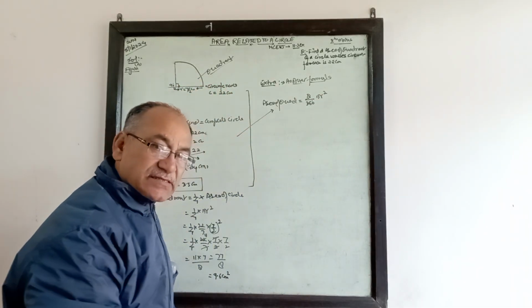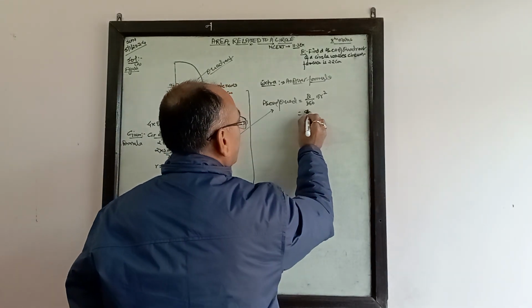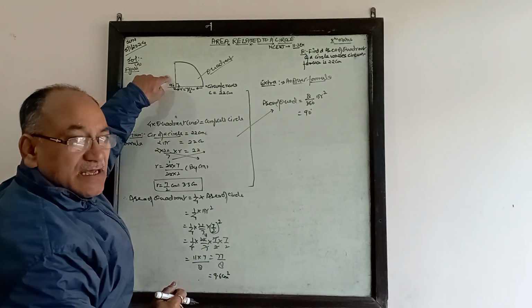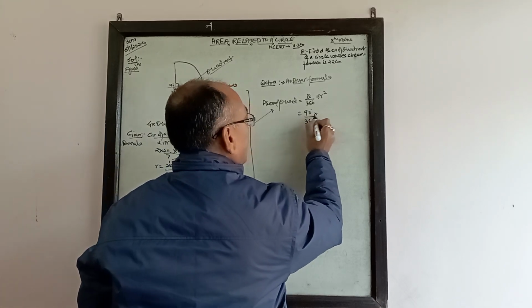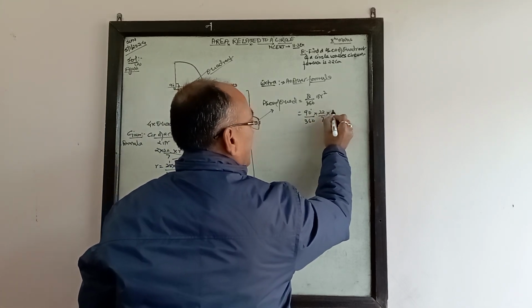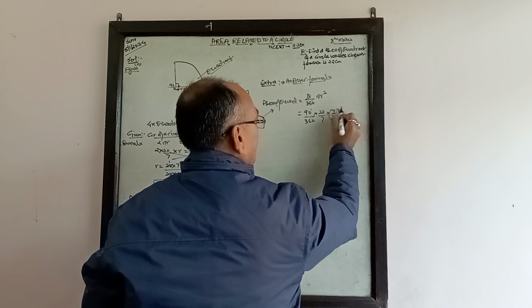Is it clear? So now theta is how much? 90. Why 90 have you taken? Because this is a quadrant. So 90 by 360 into 22 by 7 into 7 by 2 whole square.